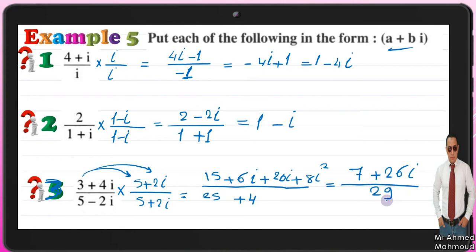Okay, so 7 over 29 plus 26 over 29 i, and this is the number in the simplest form. You can check by the calculator. This is 29, it's not 25. Okay, next.